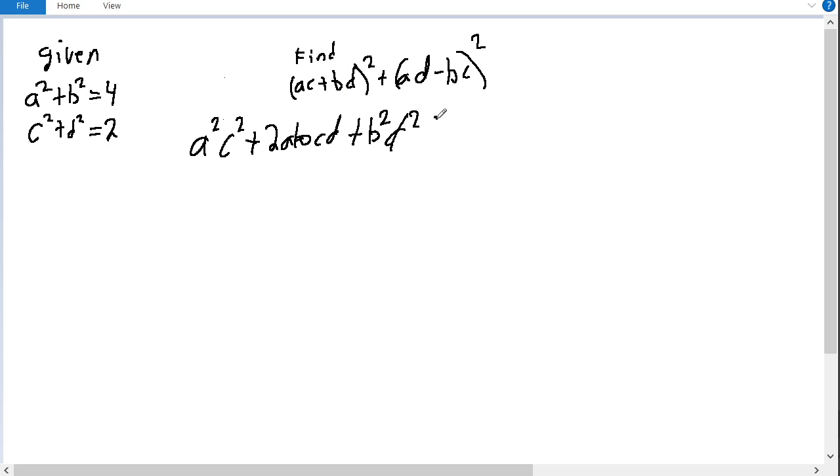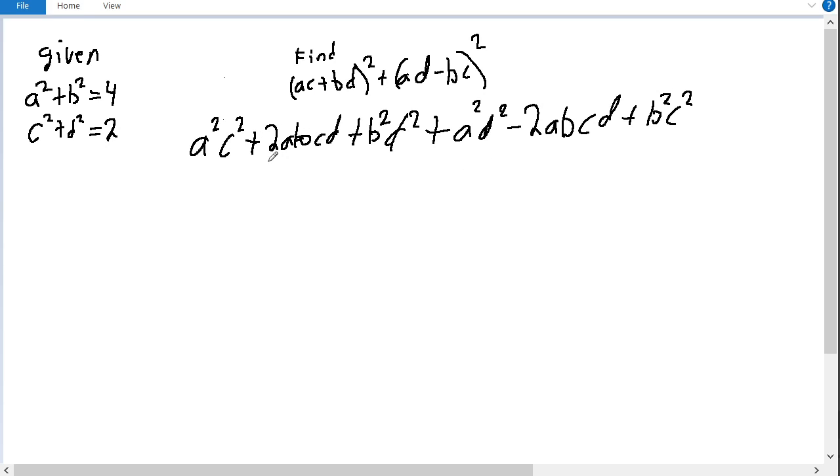And now we'll square this term, and we'll get, similarly, a squared d squared, and then the middle term will be minus 2abcd, plus b squared c squared, right?